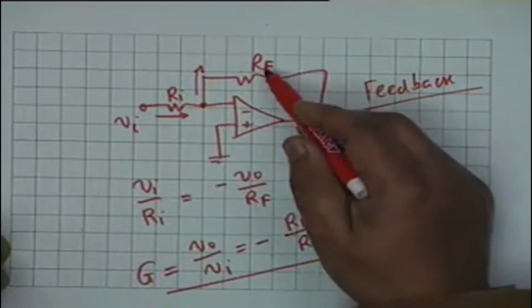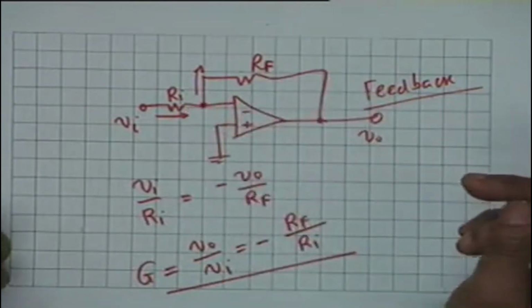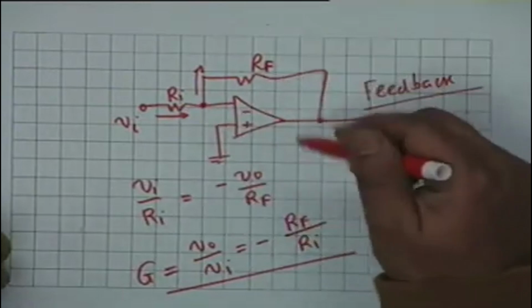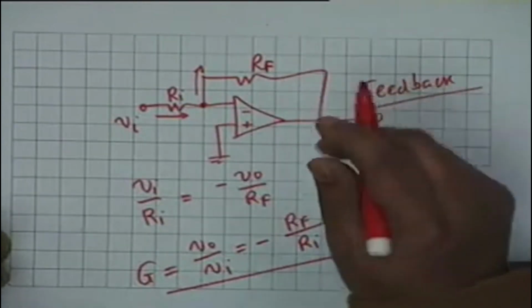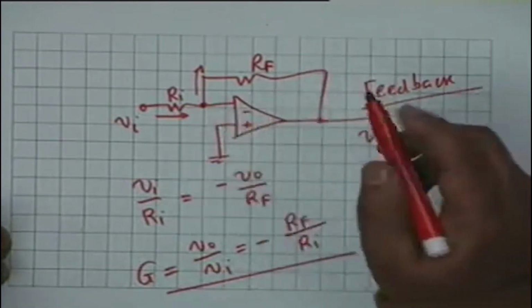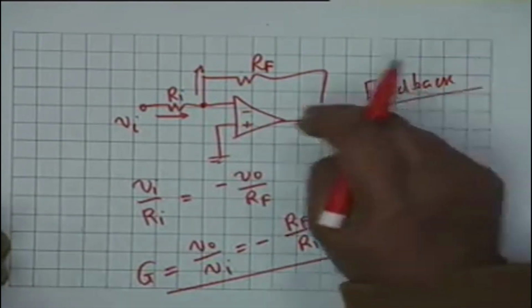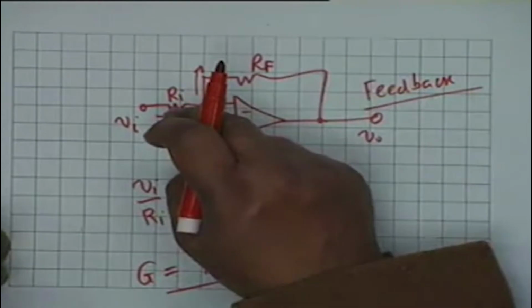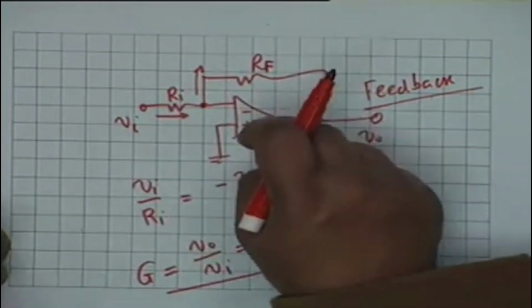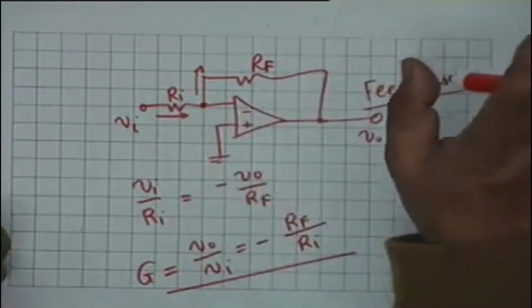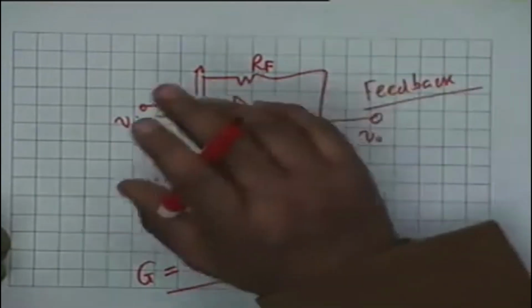All right. So, it is a ratio of two resistors only. For example, if Rf is 10k and Ri is 1k, then the gain would be minus 10, and it is determined by these two resistors only, nothing of the op-amp. Op-amp only helps to stabilize the gain to minus 10.